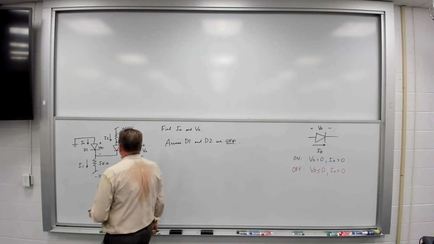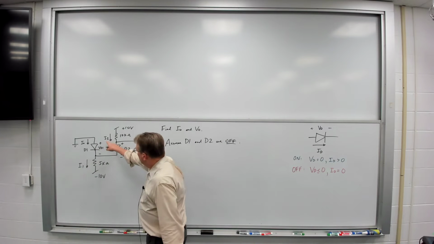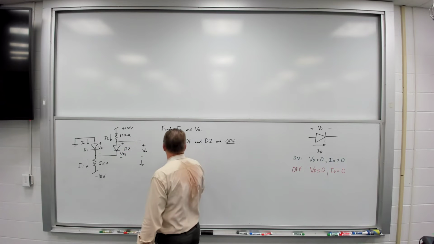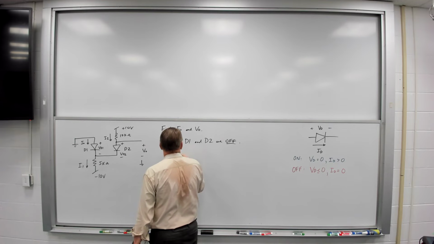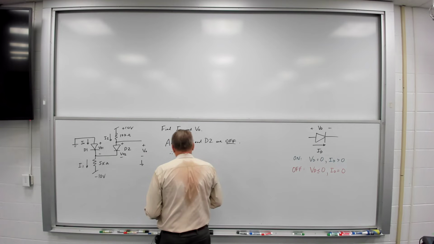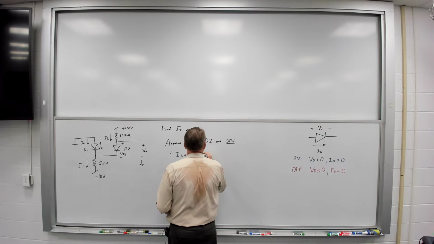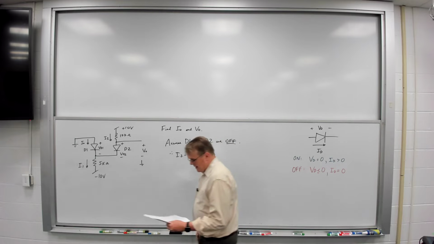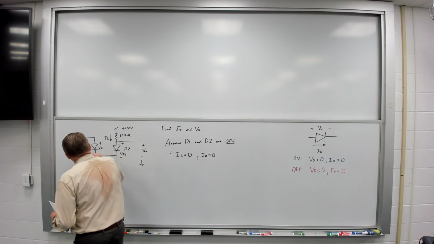If the diodes are off, then I2 is the current that flows through this diode, so I2 must be equal to 0. I0 must be equal to 0 if both those diodes are off. Now I'm going to give a name to this node voltage here.